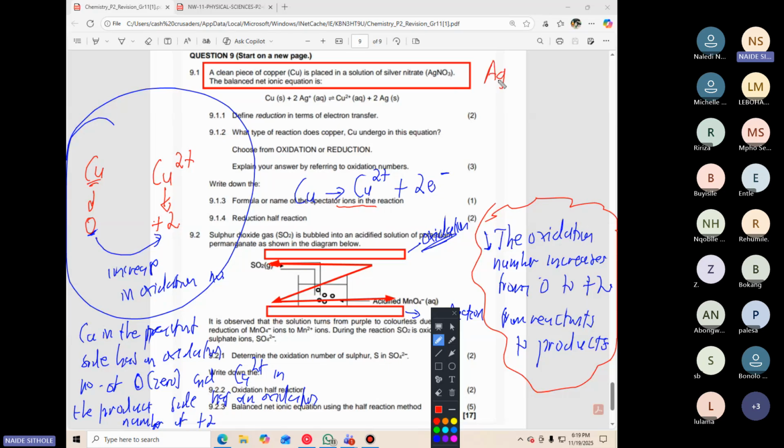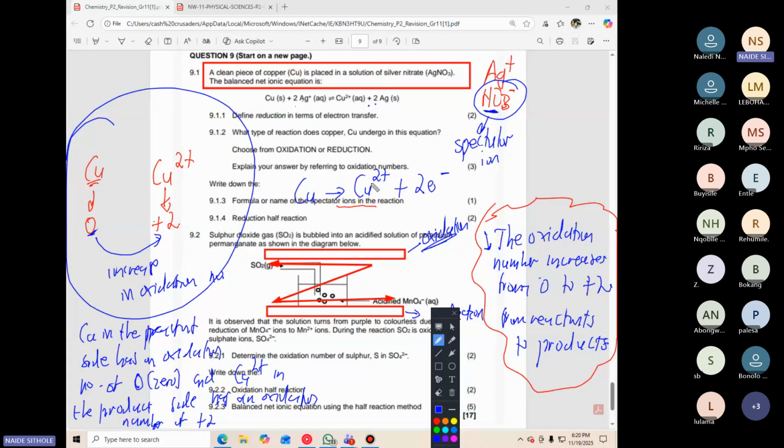It's because let me break it down into Ag+ and NO3 minus. You are not seeing this NO3 minus here because that's what is called a spectator ion. A spectator ion does not change its oxidation number from the reactant side to the product side. So even if you were to carry it to this equation, you would find that the oxidation number of this would still be -1, even on the reactant side, even on the product side. We call it a spectator ion.